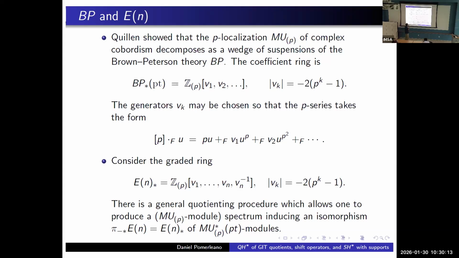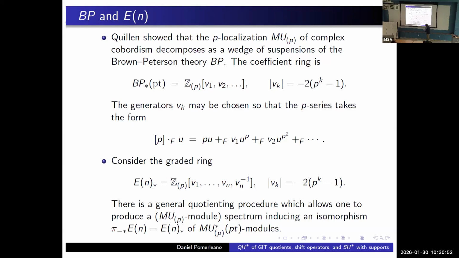The first step was done by Quillen, who showed that if you localize at P, then you can decompose the localization of MU into a bunch of copies of a spectrum called the Brown-Peterson spectrum, which is a lot simpler. The generators of it are shifted, very spread out actually.